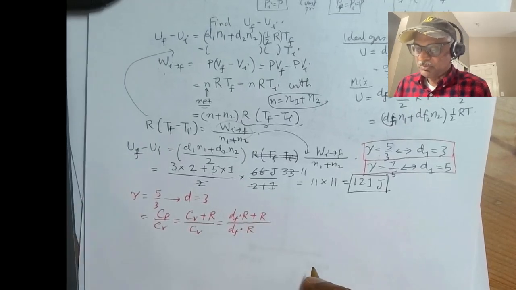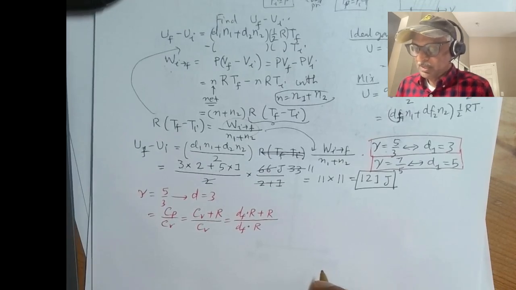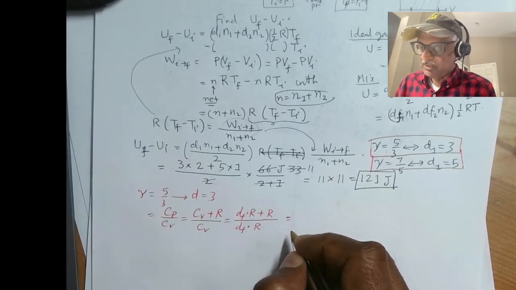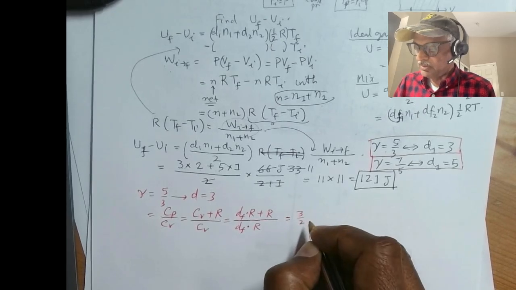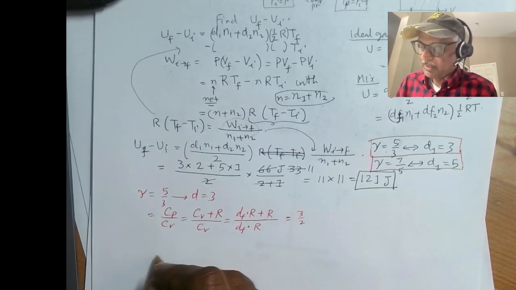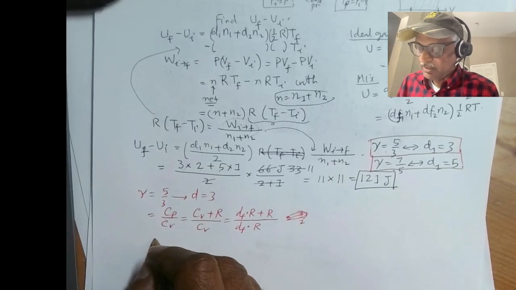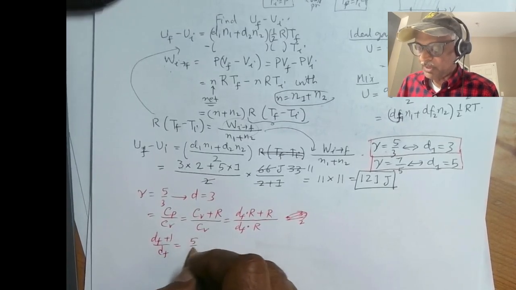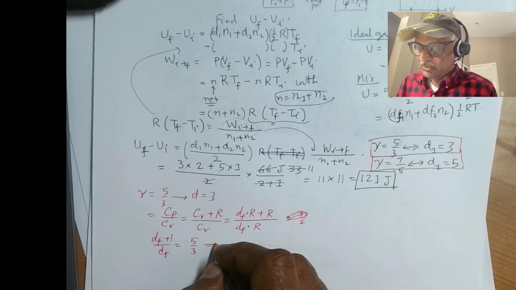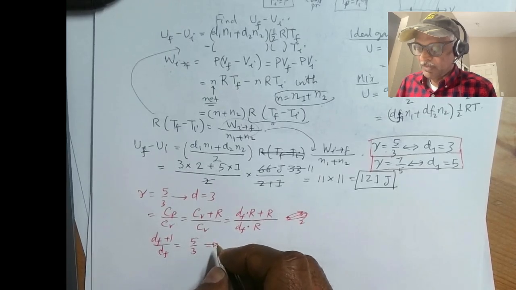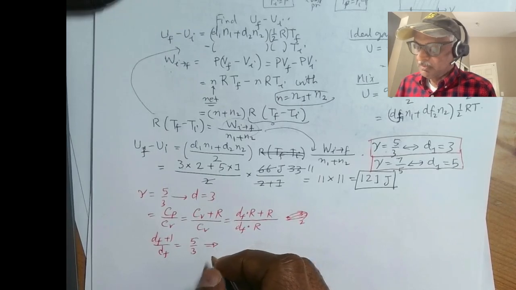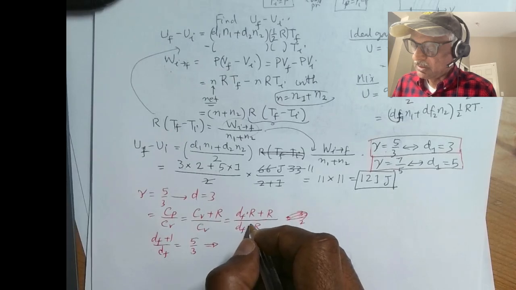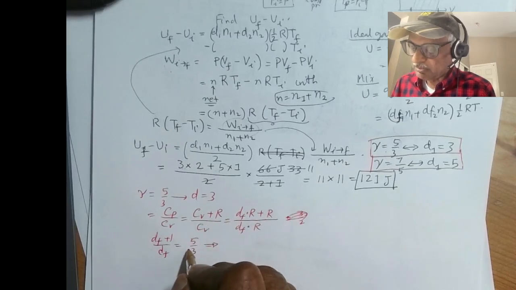So if you work it out, it's a 3/2. So let's say dF plus 1 over dF equals 5/3. Actually, I think I've kind of messed up here.